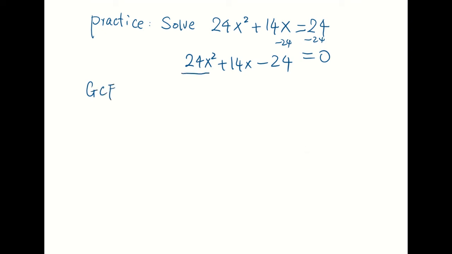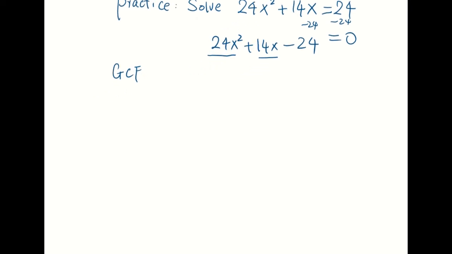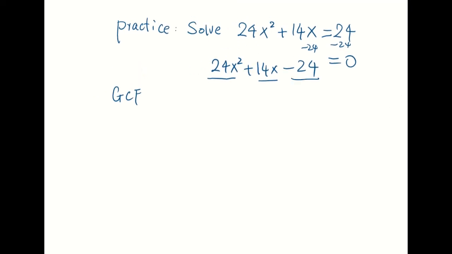So between 24x squared, 14x, and negative 24, there is a common factor, which is 2. I'm going to factor out that 2. So what's left is 12x squared plus 7x minus 12 equals 0. Now we're going to factor this part.